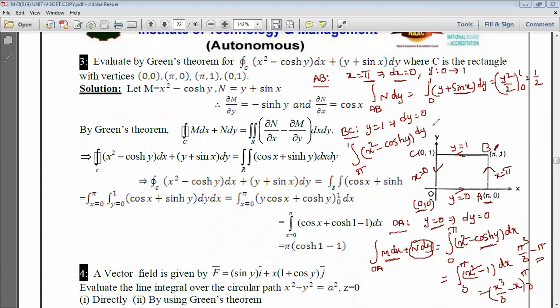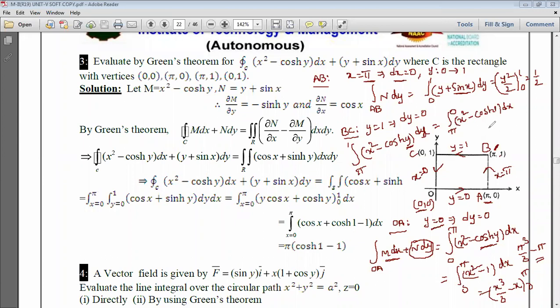So this is equal to integral pi to 0 of x square, as y is equal to 1, minus cos h1, whole dx.